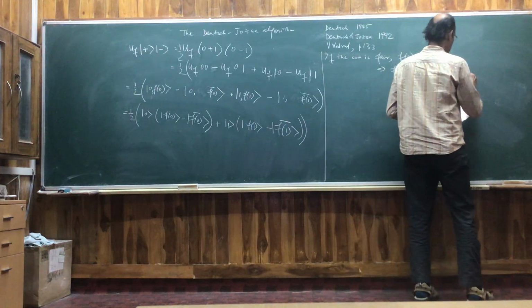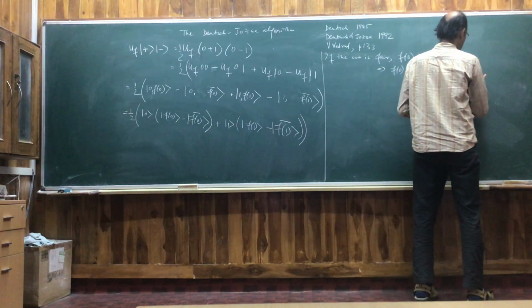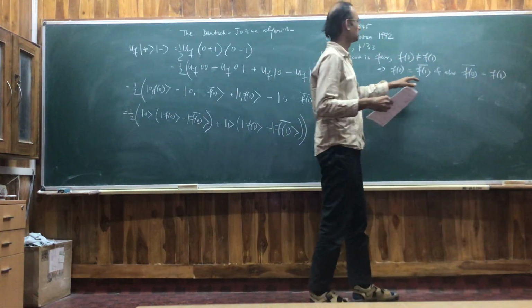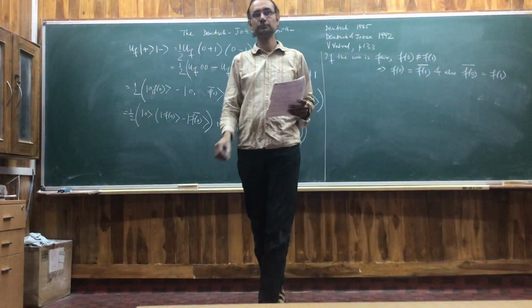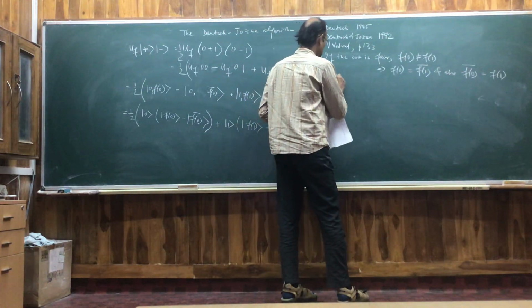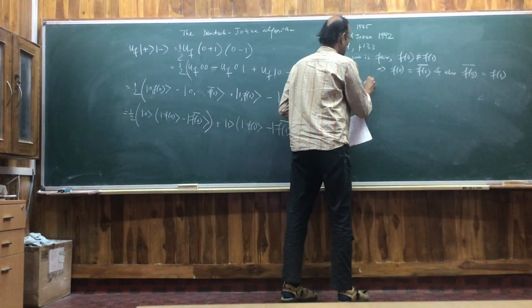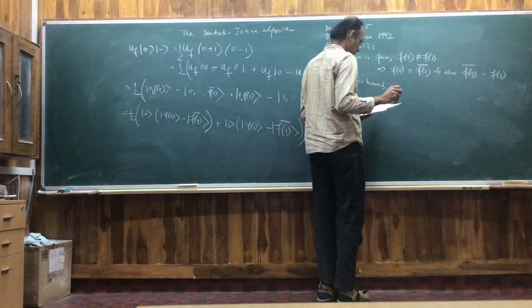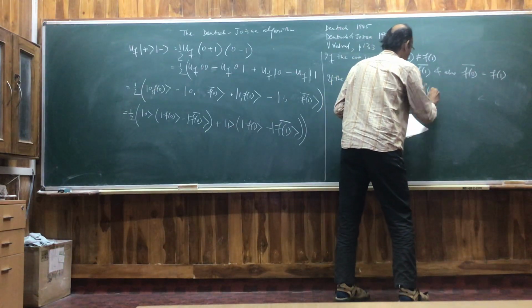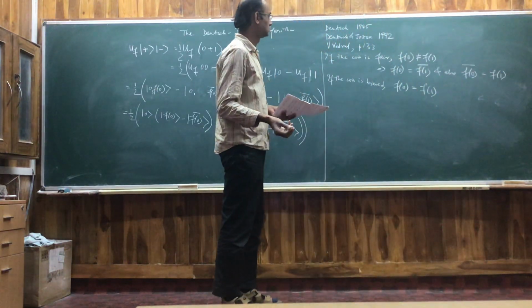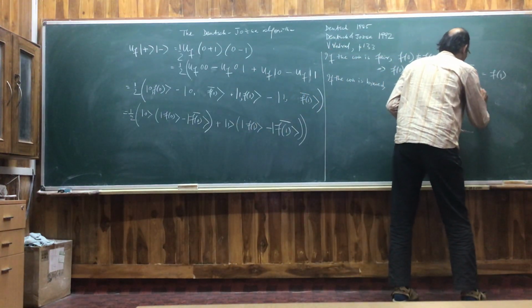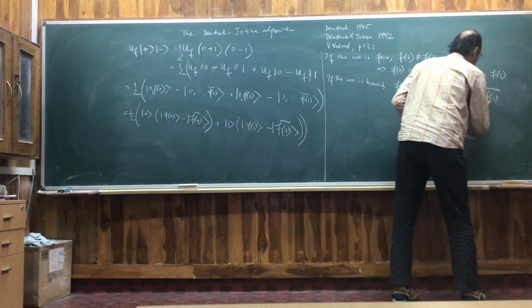And also F0 bar equals F1, and you take bar on both sides. If the coin is biased, F0 is F1, which implies that F0 bar is F1 bar, yes?